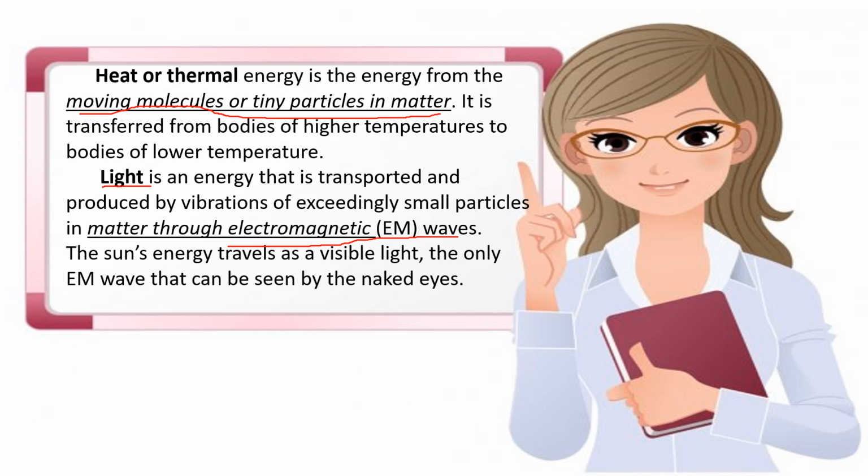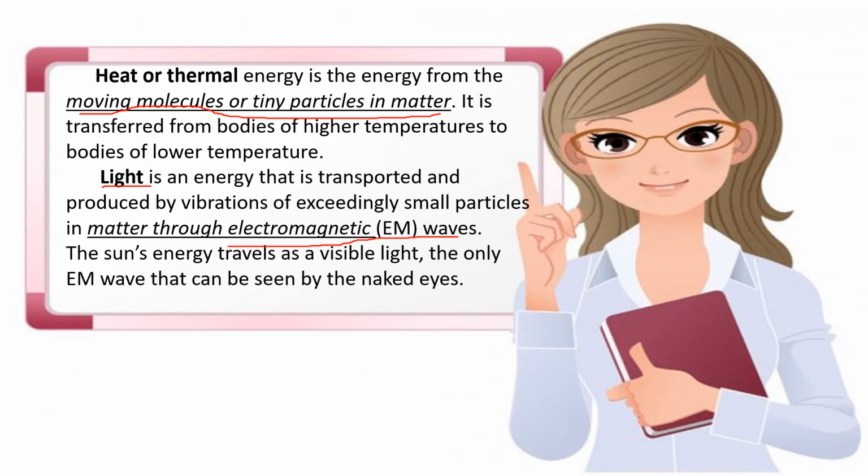What other things that produces light energy? Okay, we have the fluorescent lamp or yung mga bumbilya sa bahay. That is an example of object that has light energy. What else can you give? Aside from sunlight, television also produces light.